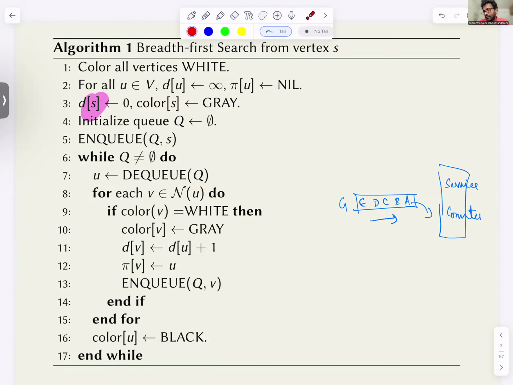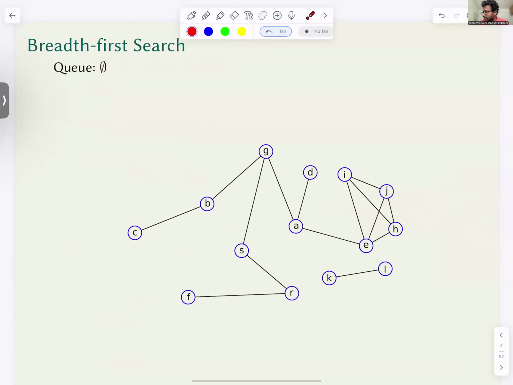Basically, we initially have a queue with some vertices, and whenever a vertex is at the front of the queue, it will be dequeued and its neighbors will be enqueued, and this keeps happening.